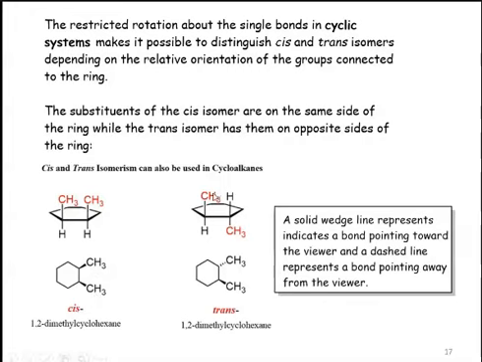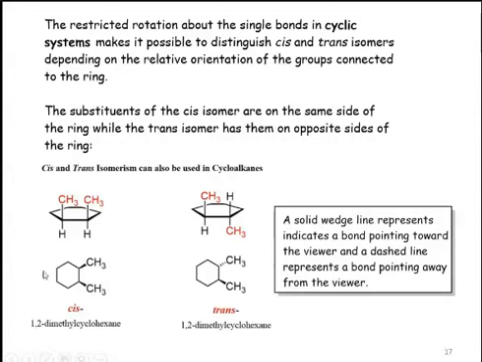Now here we can see both the CH3 groups lying opposite to each other. That is, one CH3 group is towards the observer and the second is away from the observer. Hence this is cyclohexane with one CH3 group away from the observer and one towards the observer, and this type of orientation is called trans orientation.